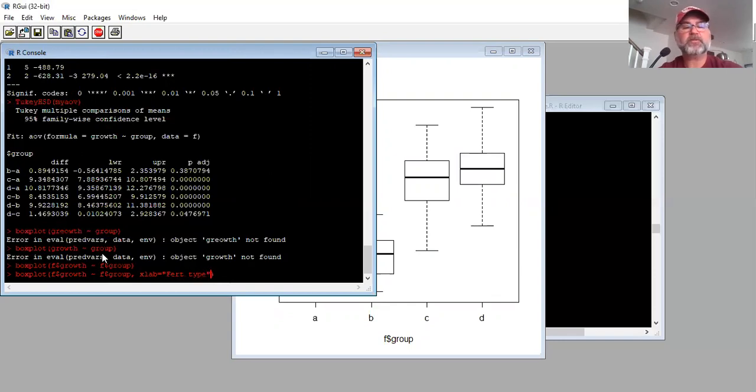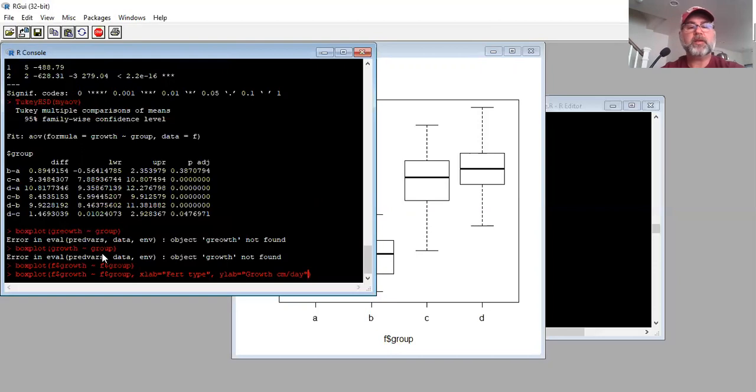Type for fertilizer type. And then our Y label, just do ylab, and let's say that's growth, centimeters per day, whatever.